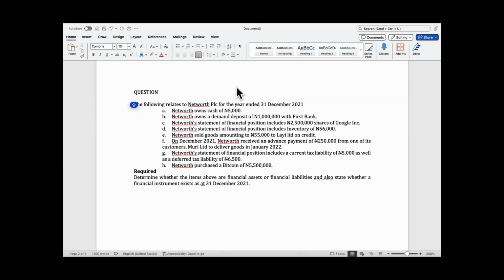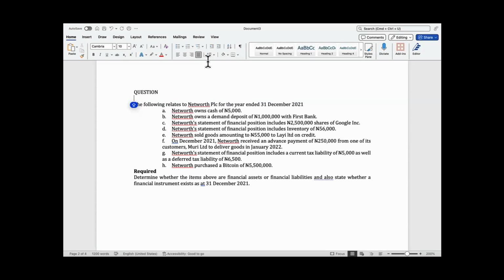Yes, please. The following question relates to Net Worth PLC for the year ended 31st December 2021. A. Net Worth owns cash of 5,000 naira. B. Net Worth owns a demand deposit of 1 million naira with First Bank. C. Net Worth's statement of financial position includes 2.5 million naira shares of Google Incorporated.